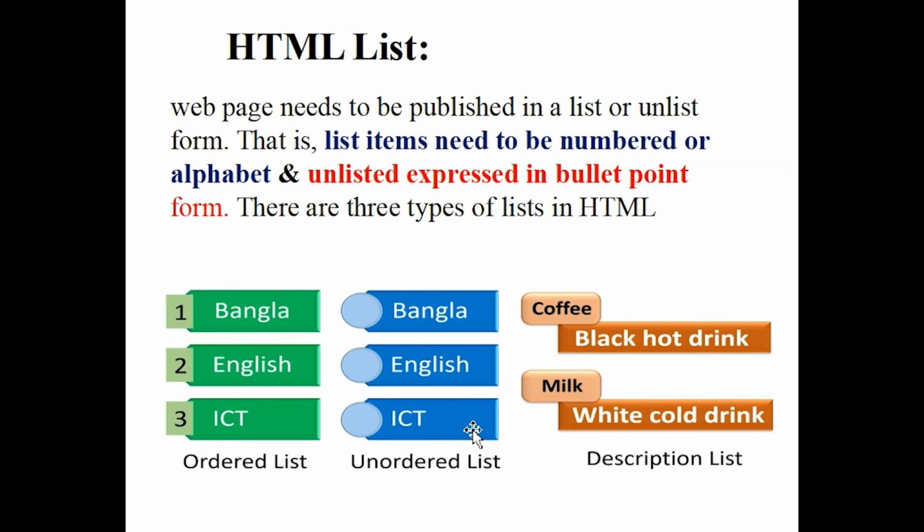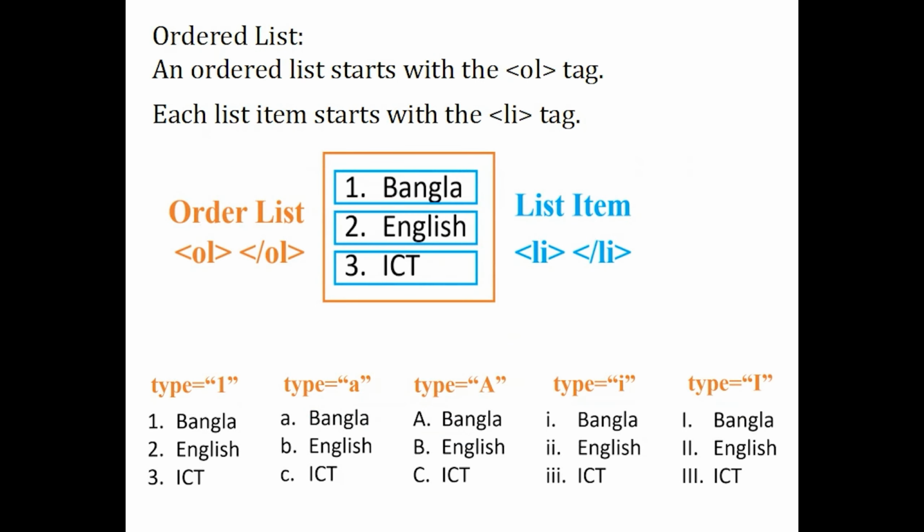And there is actually a circle or disk marker for the unordered list. On the right, the description list: the description of coffee, black hot drink, and the description of milk, white cold drink. So we can use these three list possibilities in HTML.